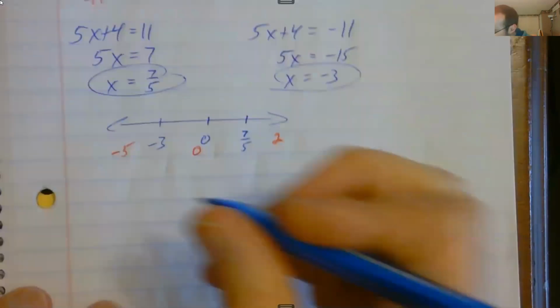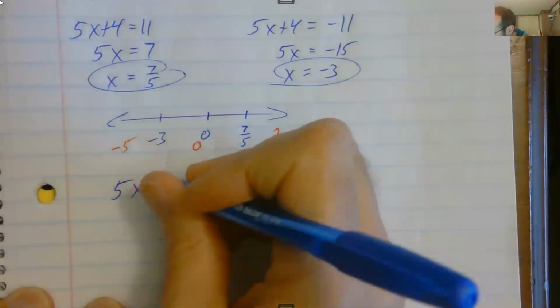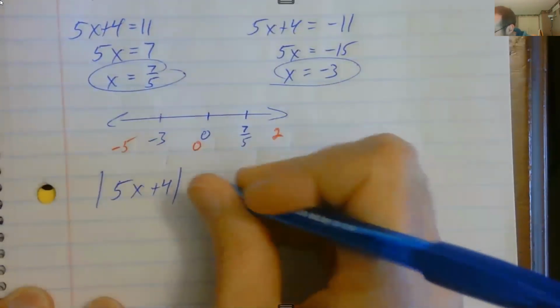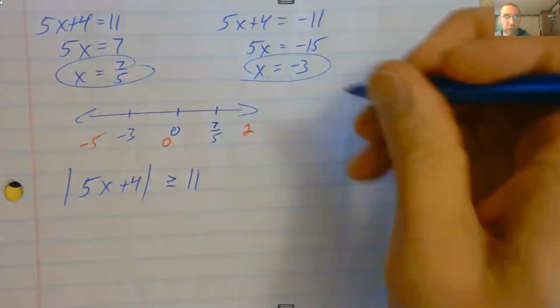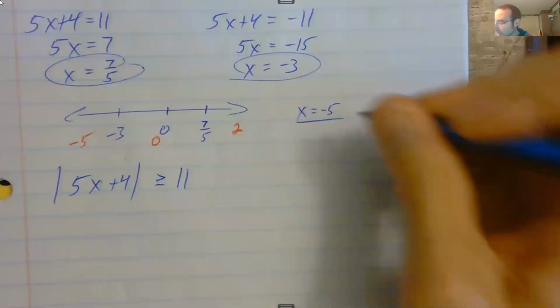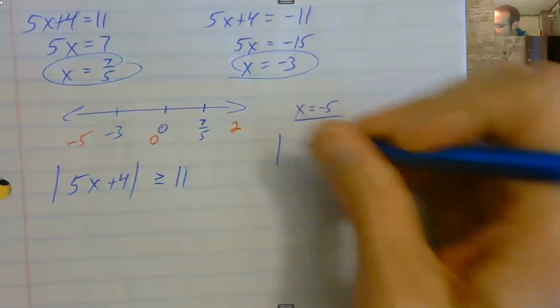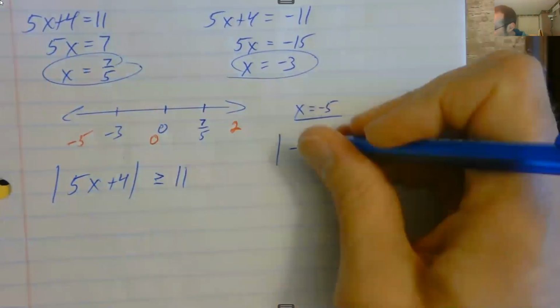Okay. So again, our original inequality was absolute value of 5x plus 4 is greater than or equal to 11. And we're just going to test some of these out and see if we get true or false statements. So I'm going to start with x is -5. So that means I'm looking at 5 times my -5. It's going to be absolute value of -25 plus 4.